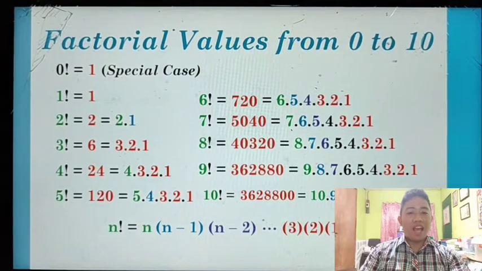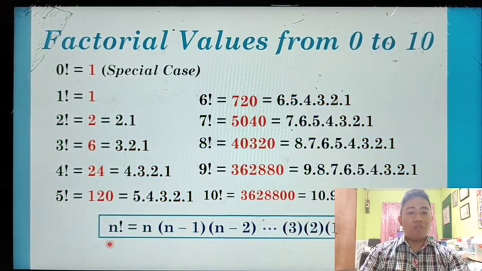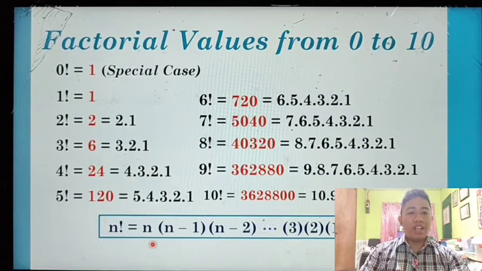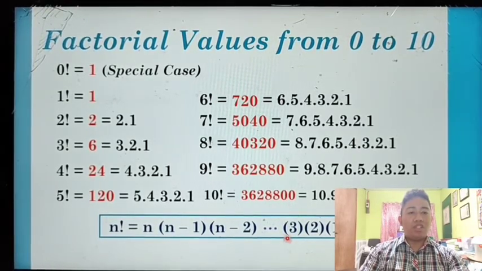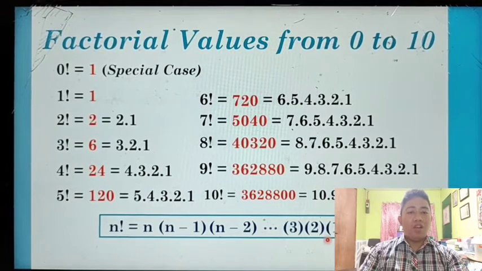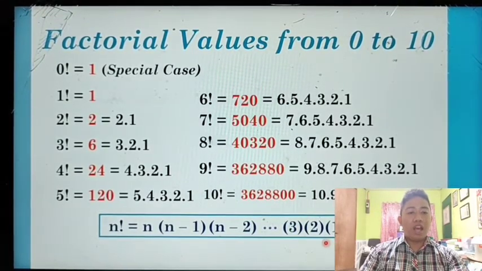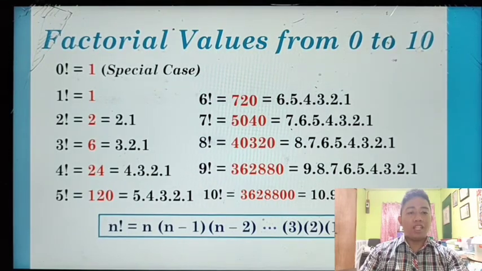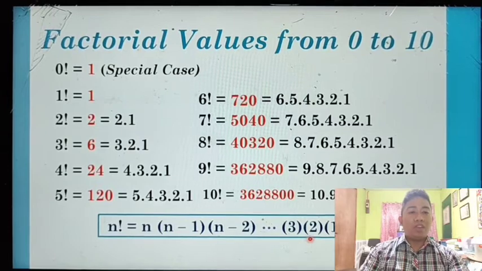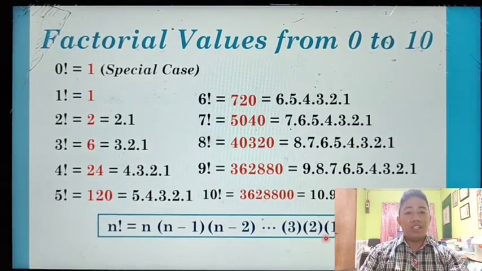So we have the formula. For factorial notation, n factorial is equal to n times n minus 1 times n minus 2 until it reaches 3 times 2 times 1. Or in some other ways, you can omit 1 as the factor, because if you arrive from n going to 2, the answer is still the same.